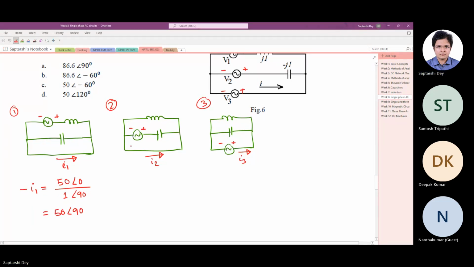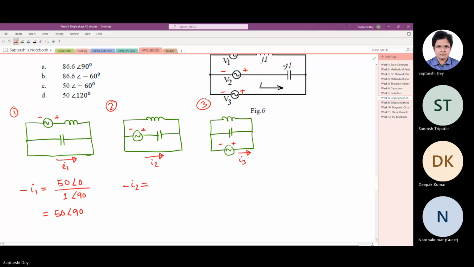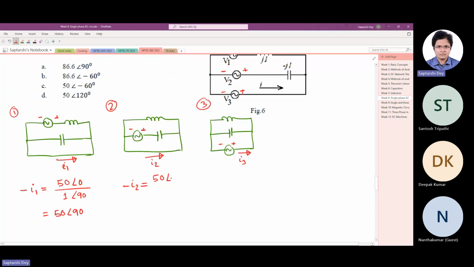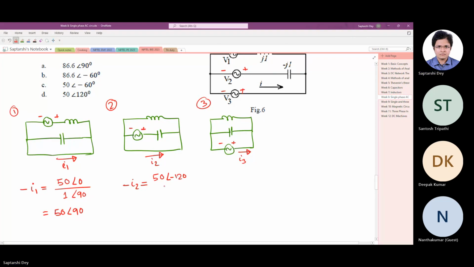Similarly, here also I will write minus I2. I think you can understand why I'm writing minus I2. It is again 50 angle minus 120 by minus j1.